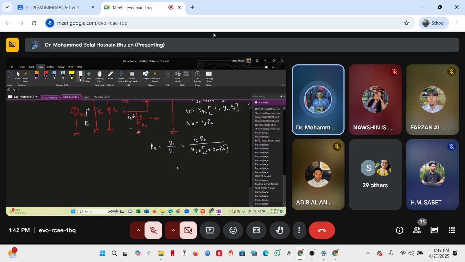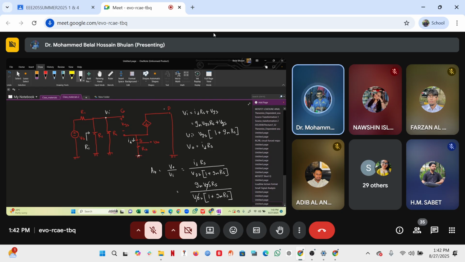But ID is, we know, gm VGS, so VGS cancels out. And then what is the input impedance you're going to find? The input is open, therefore RI should be R1 parallel R2. That's it.